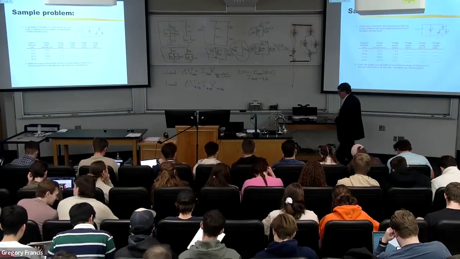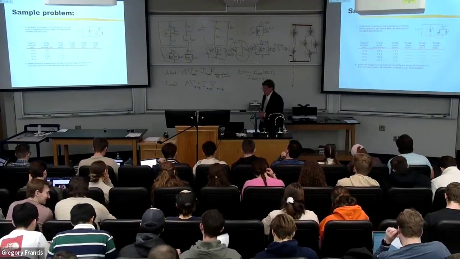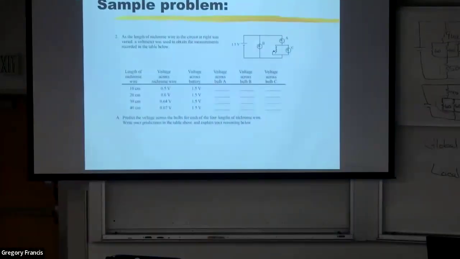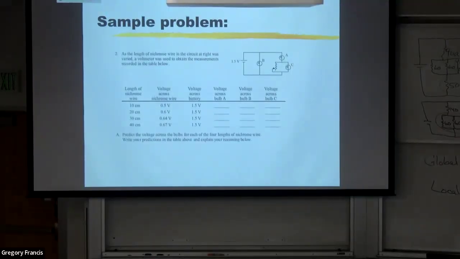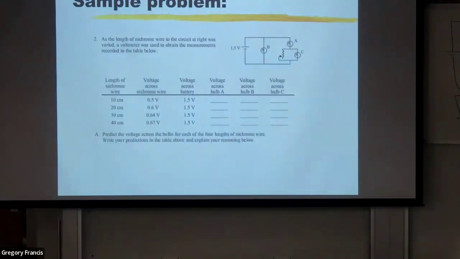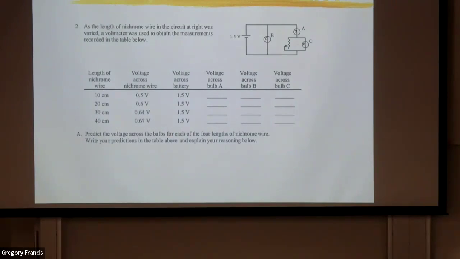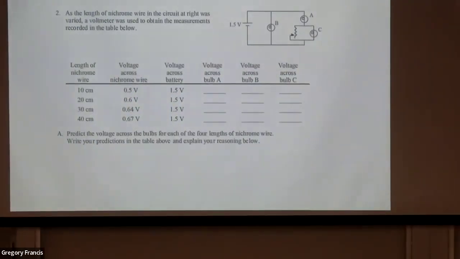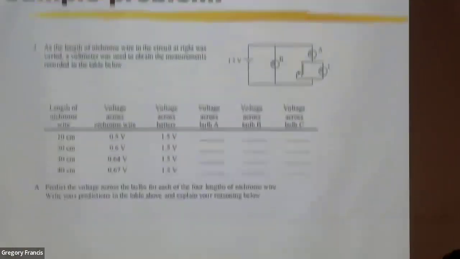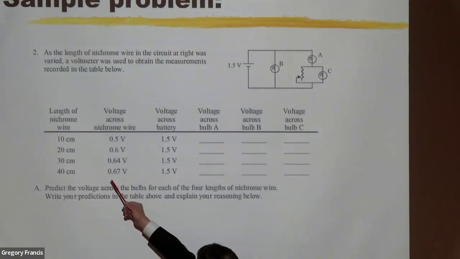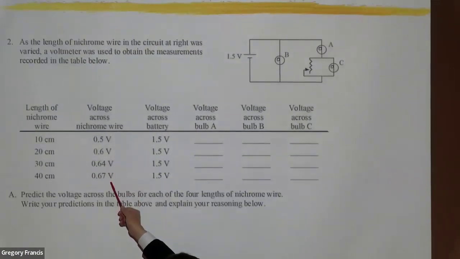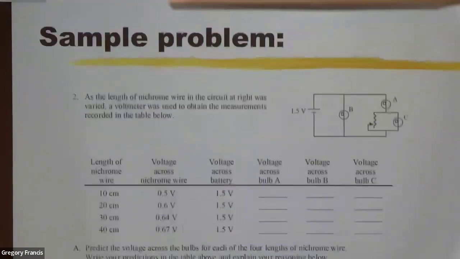In this case, we have a piece of nichrome and we can change the length of it by where we connect our connecting wire. And we find that as we lengthen the nichrome wire, the voltage across the nichrome wire changes.